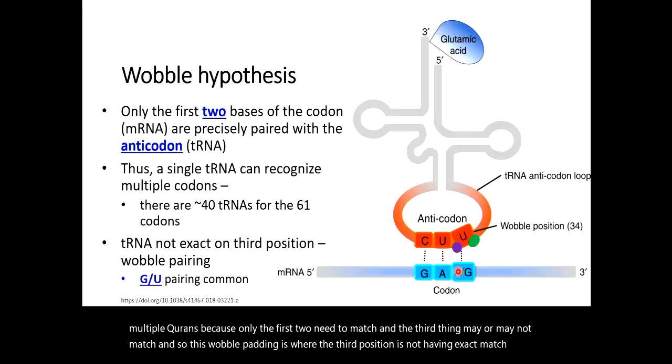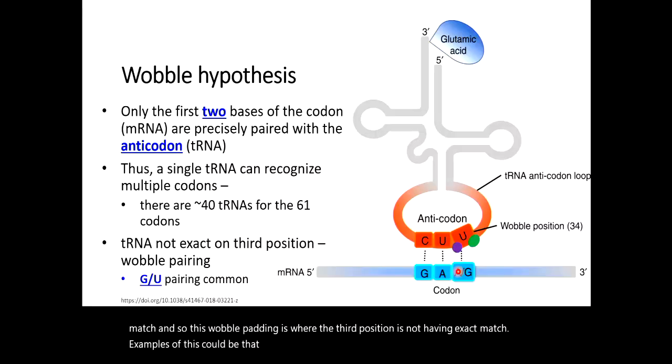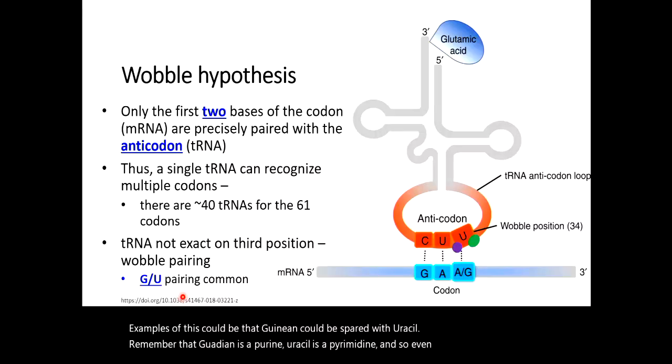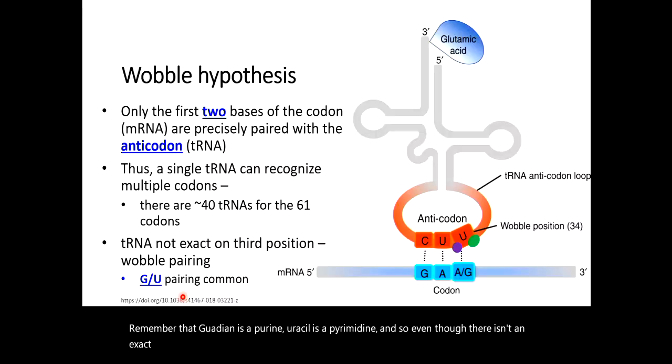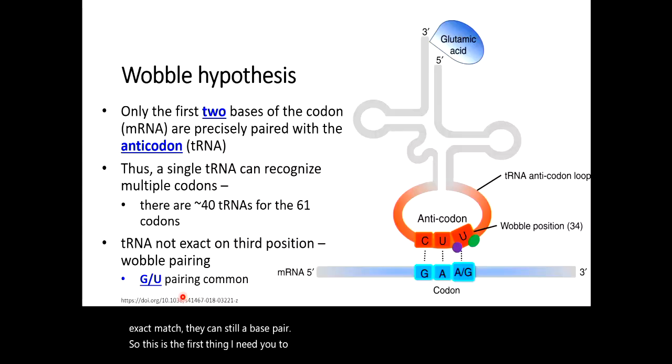Examples of this could be that guanine could base pair with uracil. Remember that guanine is a purine and uracil is a pyrimidine, and so even though there isn't an exact match, they can still base pair. So this is the first thing I need you to know about how the mRNA is read in triplets and from the 5' to 3' end.